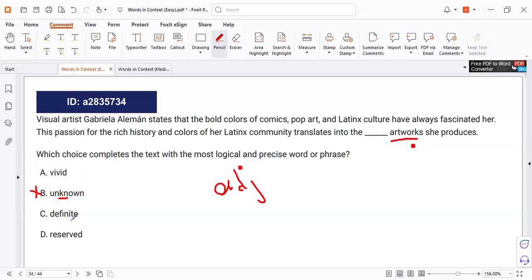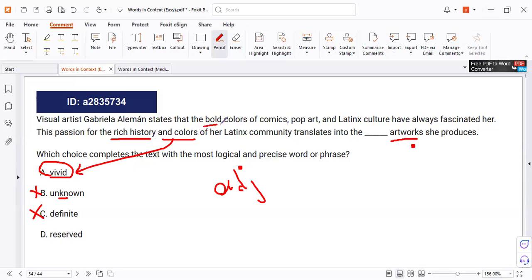Anything to say it's vivid? Anything to say it's definite? Definite means it's certain, something decided already. No. Reserved? Protected? How? Look for the word vivid. He said already rich history and the colors means vivid.